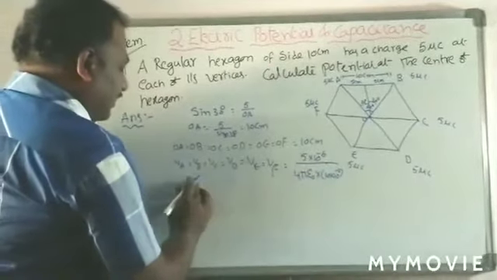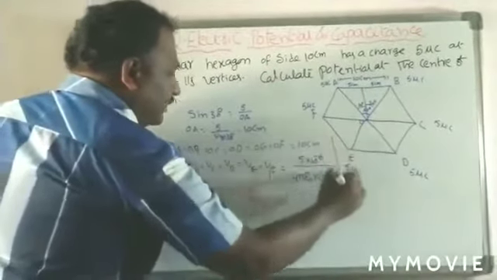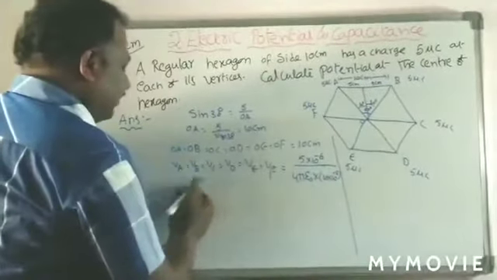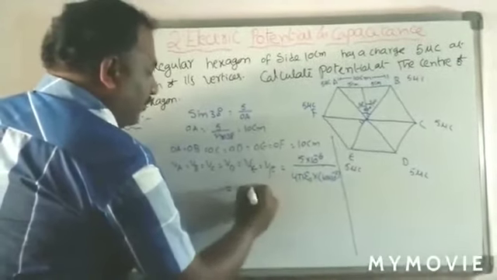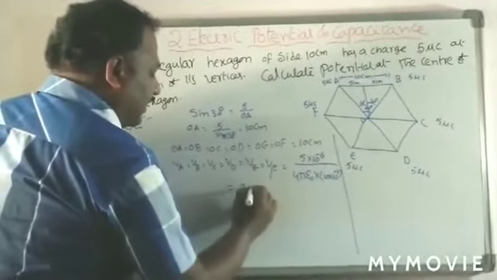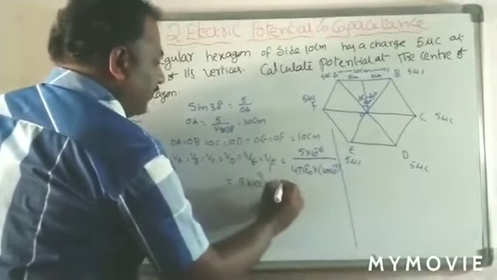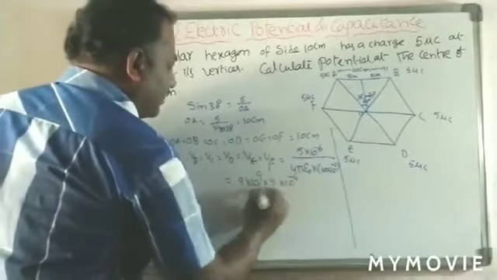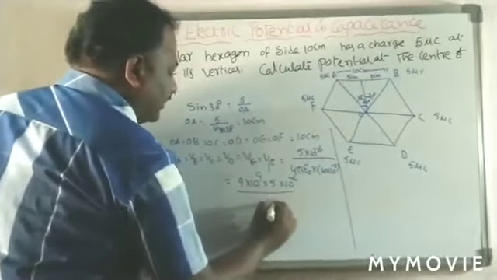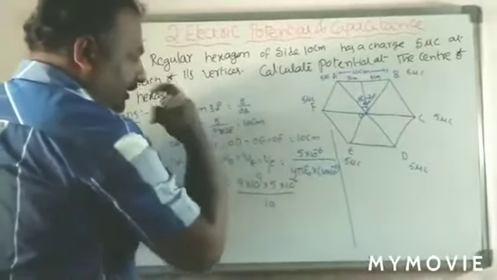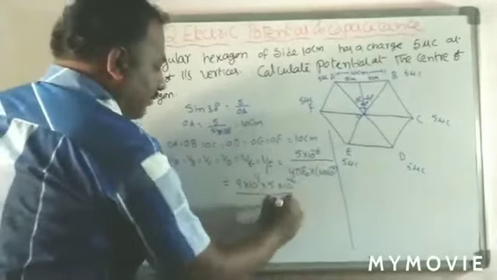By simplifying this, see here, each charge provides equal potential. First we calculate the equal potential value. The equal potential value is equal to, 1 by 4 pi epsilon naught can be written as 9 into 10 power 9, into 5 into 10 power minus 6, by the denominator 10 power minus 1.